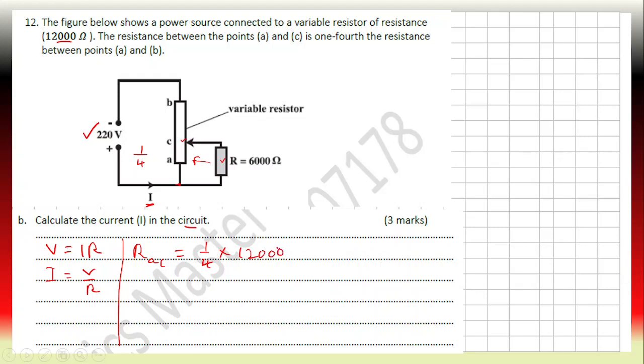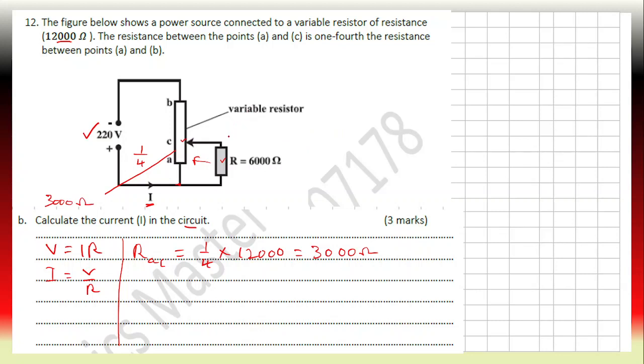It's like dividing 12,000 by 4, so you end up with 3,000 ohm. So the resistance from here to here is 3,000 ohm.